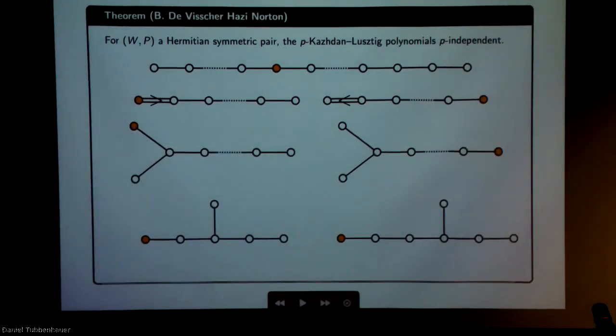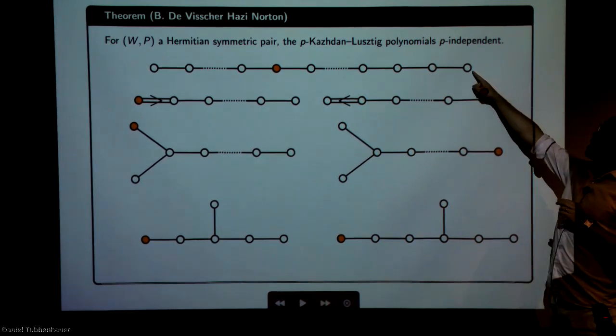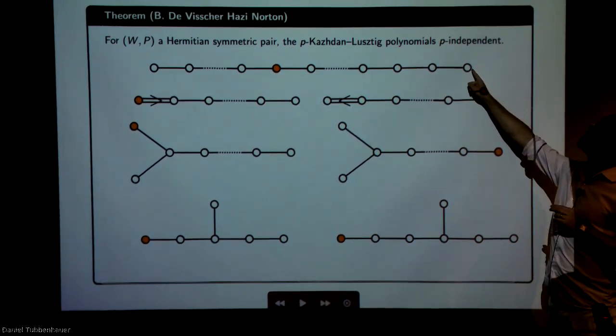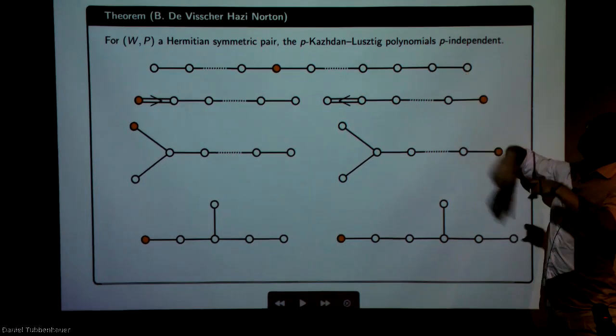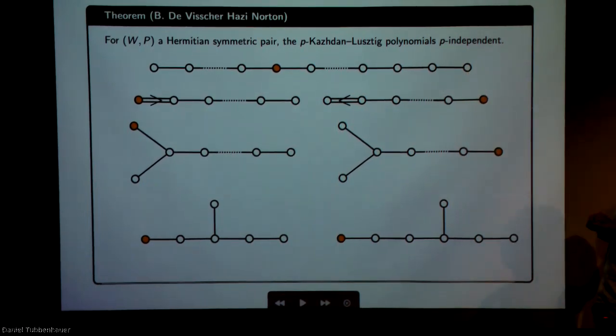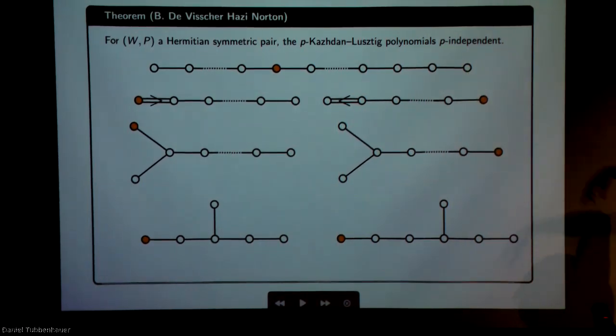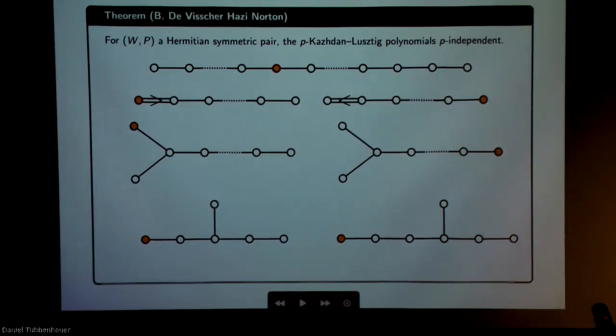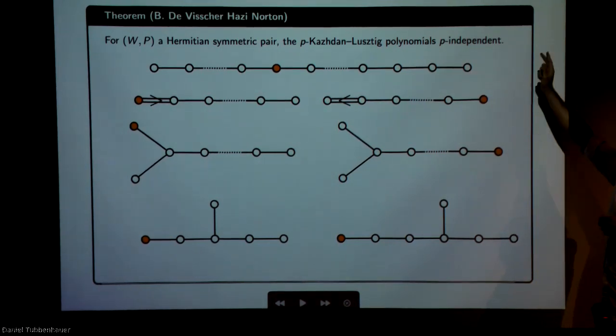Here are a bunch of WPs where the corresponding p-Categorification polynomials are completely independent of the prime. So this is any symmetric group, take a maximal subgroup, the corresponding Categorification polynomials will be independent. And then, okay, these are different versions. A and C, B and B, stuff like that. And in fact, we actually conjecture, oh, maybe we don't conjecture, maybe we do.